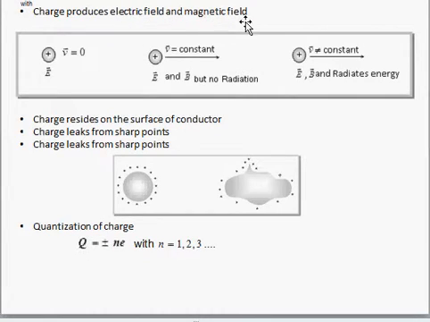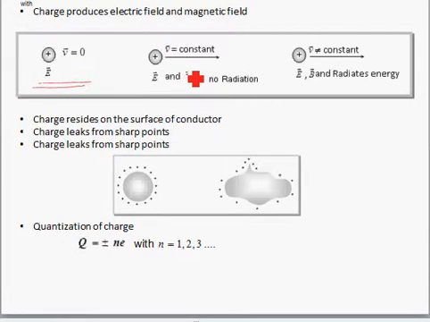Charge produces both electric field and magnetic field. When does a charge produce an electric field? A charge produces an electric field when it is standing still. These are the three cases which you need to know for your entrance examinations. That is, when a charge is standing still, it is producing an electric field.